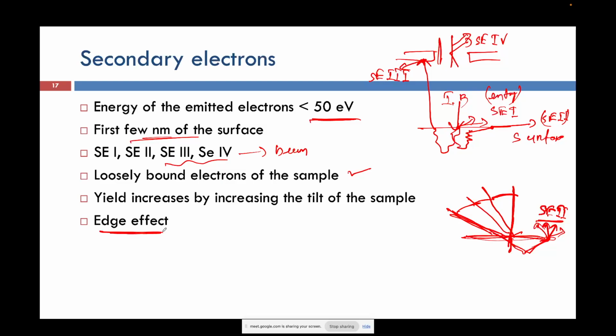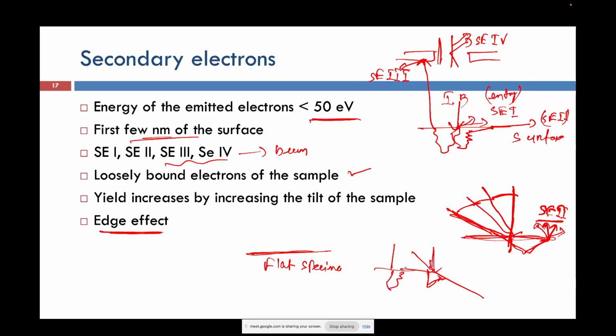the edge effect. Edge means, if we have a flat specimen and then we have a tilted kind of specimen, what will happen? Let's say my electrons are coming and interacting, one beam interacting here, and another beam here also.